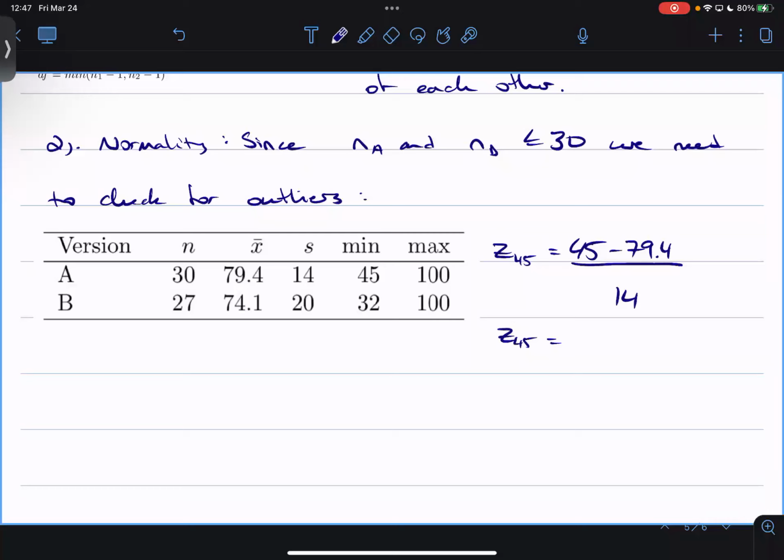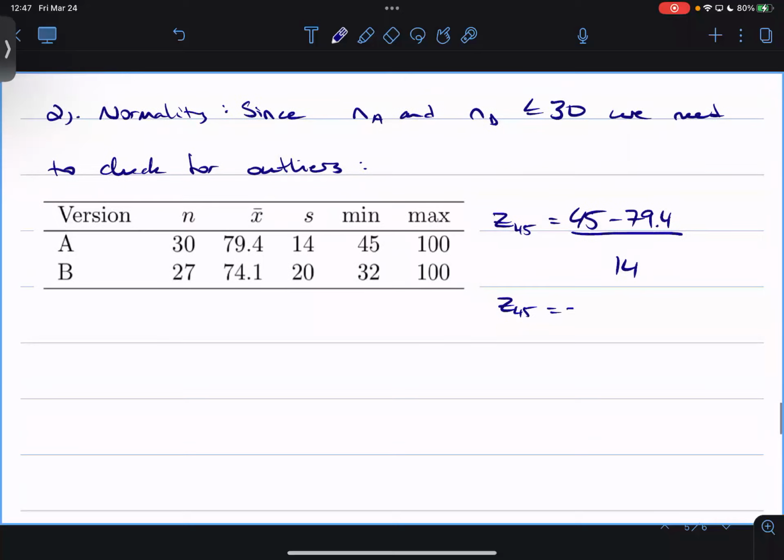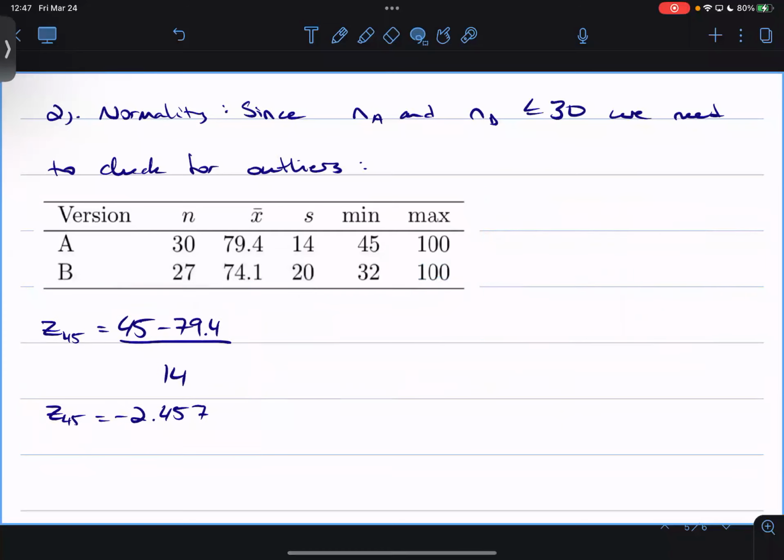(45 minus 79.4) divided by 14. Negative 2.457. You know what? Let's put this down here. Borderline, but we'll let it slide because the sample size is large enough, right?